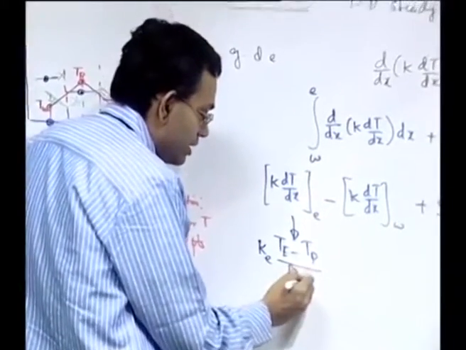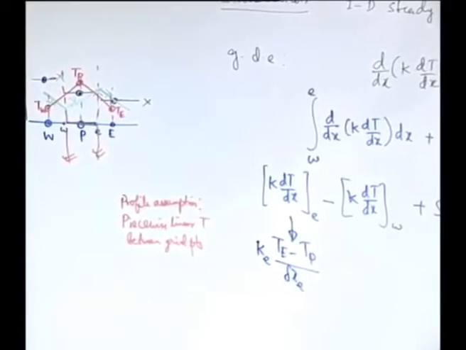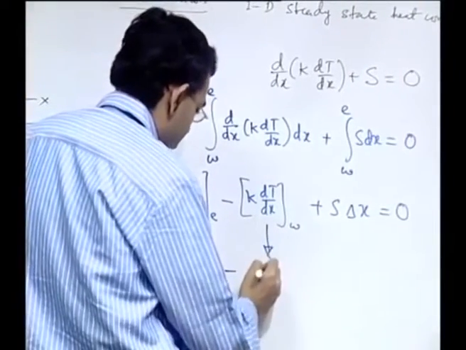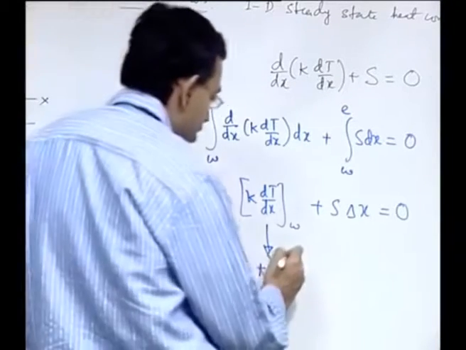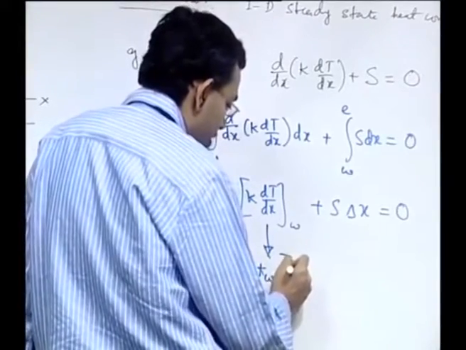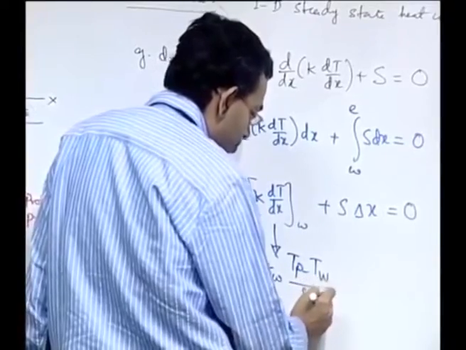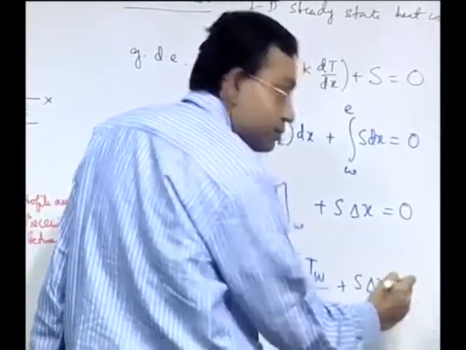You see the nomenclature. Minus this term, k_w. What will be dT/dx at small w? (T_P minus T_W) by delta x_w, plus S into delta x equal to 0.